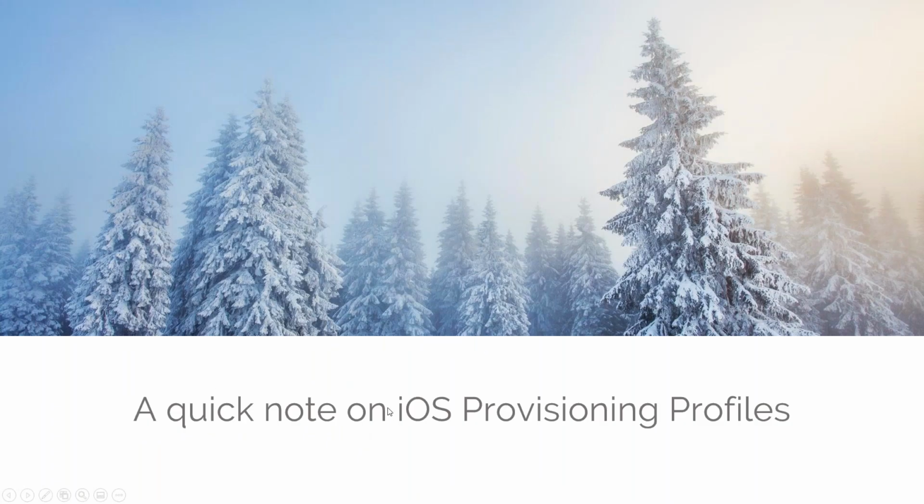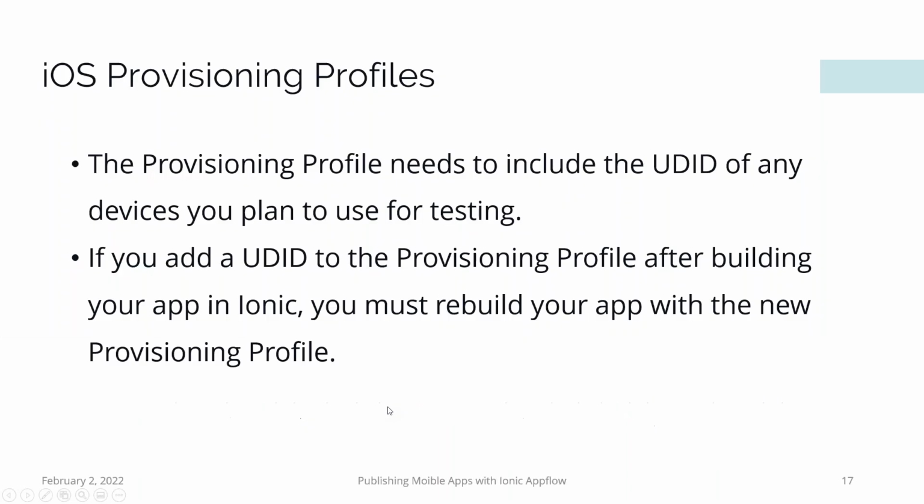And then a real quick note on iOS provisioning profiles. This is important. The provisioning profile includes the devices that you might want to use for testing, whether it be through DIOE or Testflight. Specifically for the DIOE use case, those UUIDs need to be in that provisioning profile.